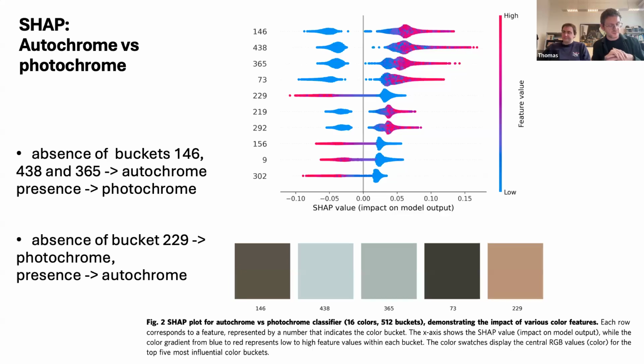And if we take a look at bucket 146, the grayish greenish color, we can see a lot of blue dots on the left of the middle. That means that when a color is absent, so the blue is when it's absent from an image, it strongly predicts the autochrome. And on the right, we see pink dots.